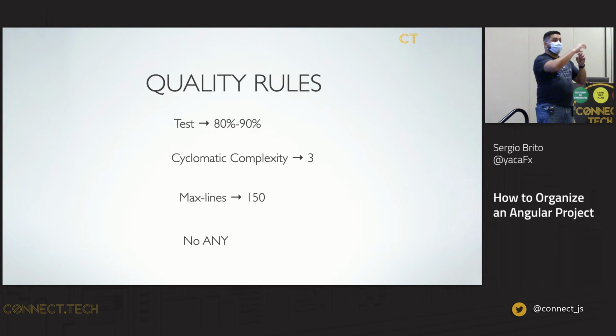Then I extract pieces. For example, each nested if is a new method. So you can extract that as a new method. Don't be afraid to add as many methods as you need, in the same way as many files as you need. There is no problem. At the end, everything will be merged into just one simple big line of unformatted JavaScript. So this is for us as developers.